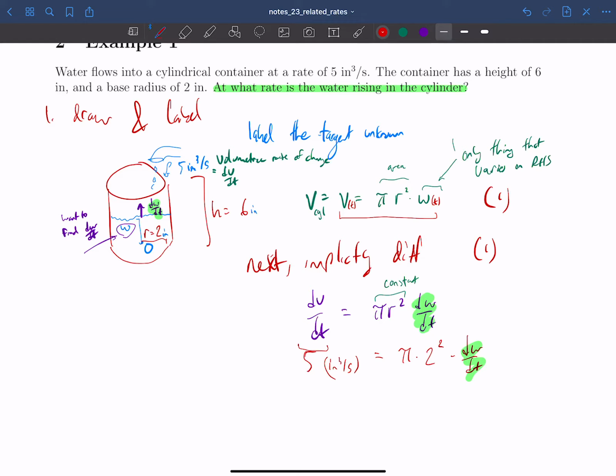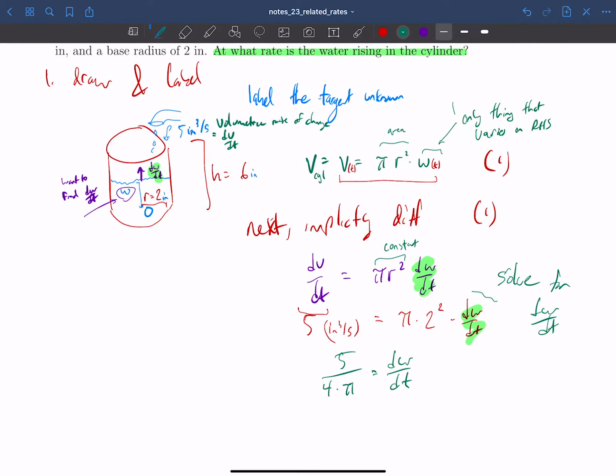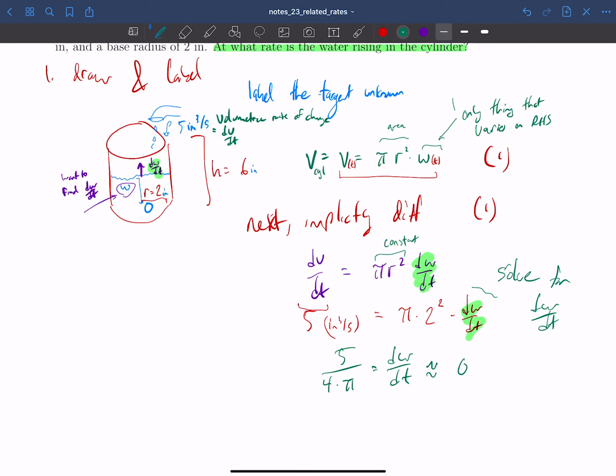So I'm going to solve for this piece right here. So I'm going to have that 5 over 4 times pi is equal to dW dt, and that number is about equal to 0.4 inches per second.